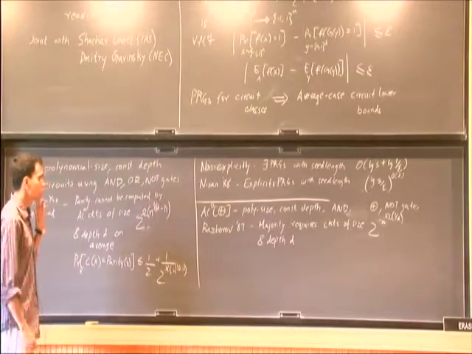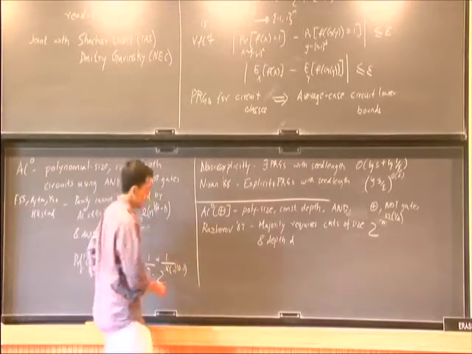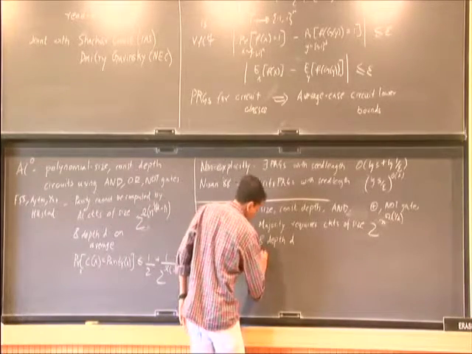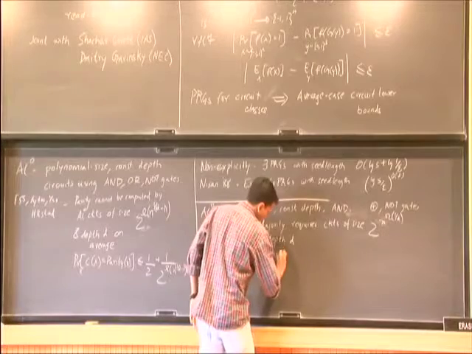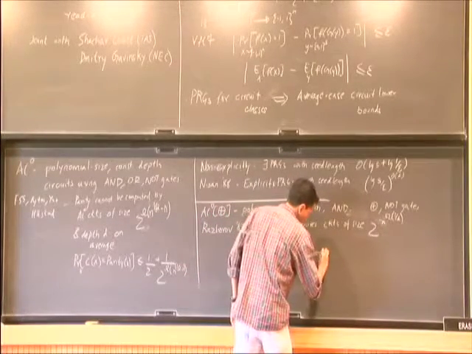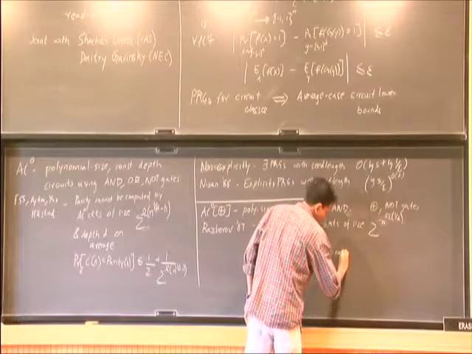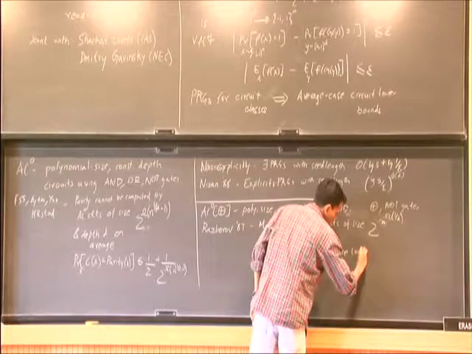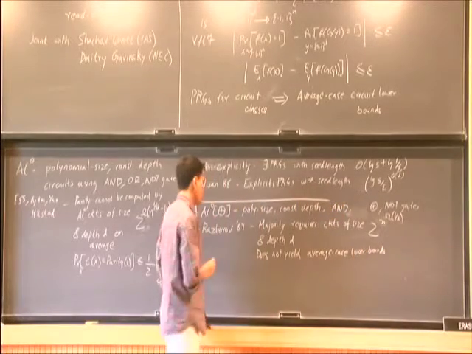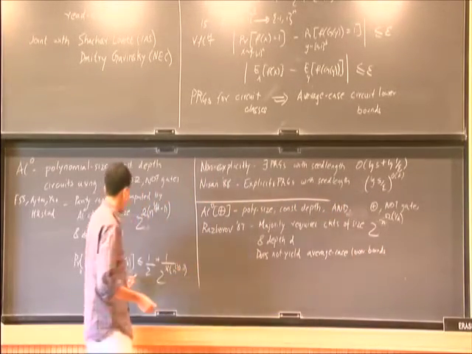But here's the catch about this lower bound. It does not yield average case lower bounds. Let me be more precise. We cannot make statements of this form.